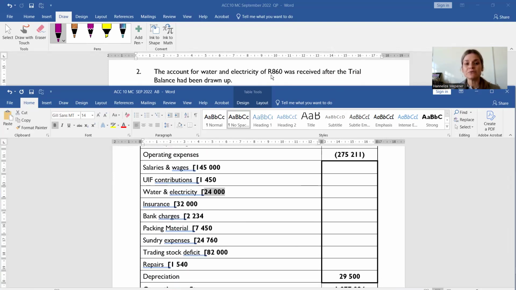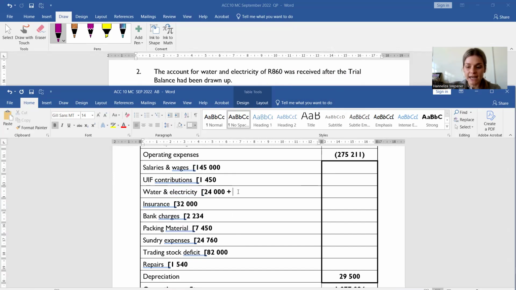However, we then only received this account, which we now have to assume is for the current financial year because they didn't tell us it's for March, because remember, you only get the bill for what you have used. So if we now received it after we drew up our trial balance, it means that it was still for the current financial year. So the account that we received was for 860 Rand.